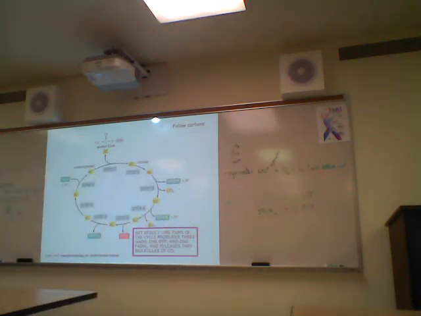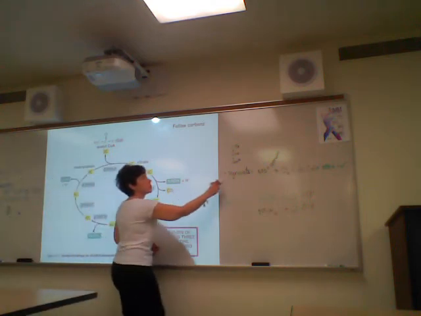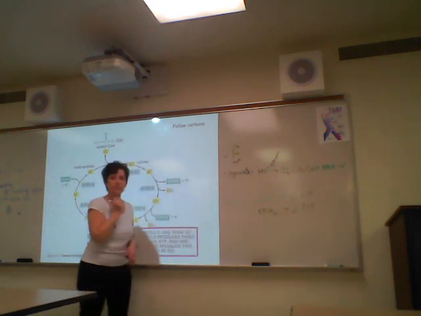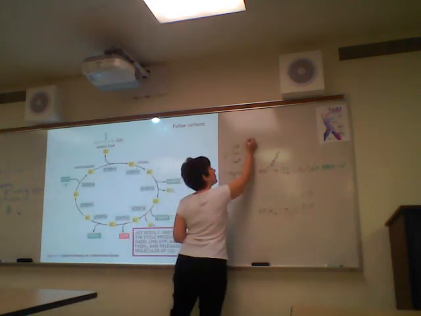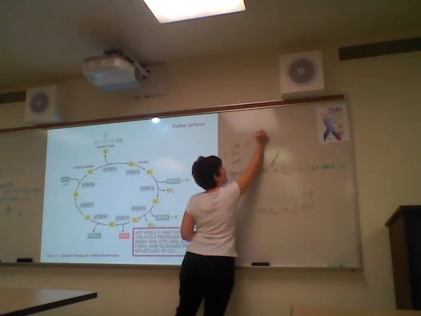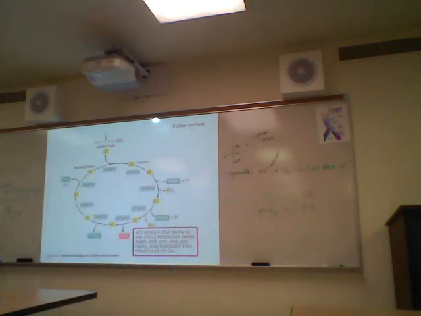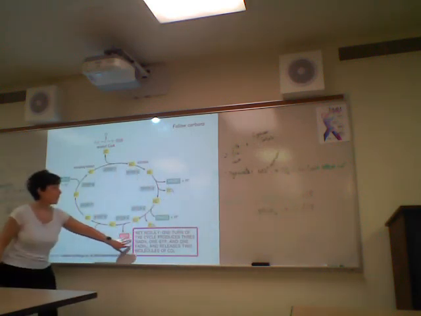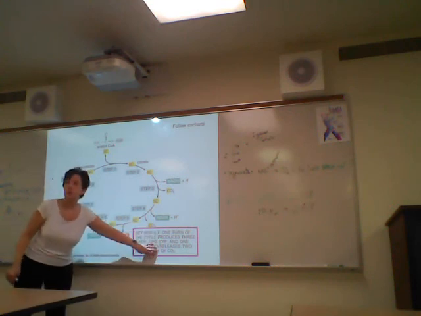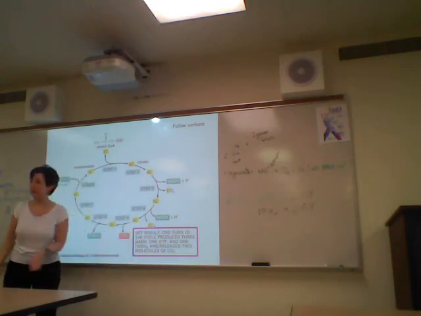How is that related to the glucose that we started with when we went to glycolysis? 6 carbons. Right, so the last bit of glycolysis generates 2 of these pyruvates. So we generate 2 pyruvate for every 1 glucose molecule. So while this is good, it has to specify that this is only 1 turn of the cycle.